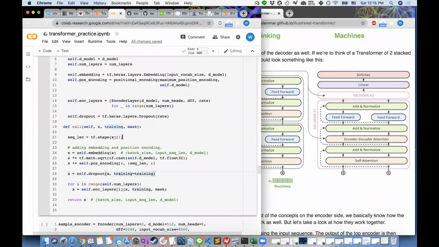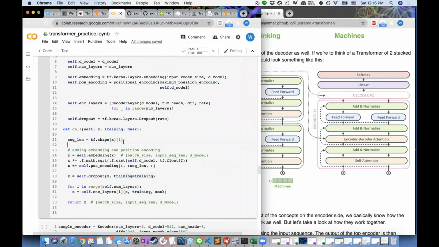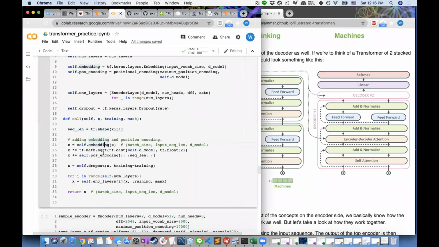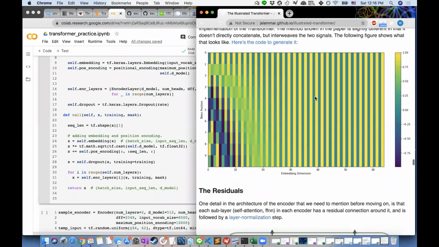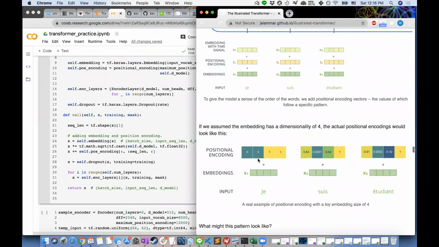Okay, so sequence length in this case is tf.shape x1. And that will be 512, I believe, because that's just the model. And adding embedding and position encoding. So we're doing exactly this step now. Adding, right?